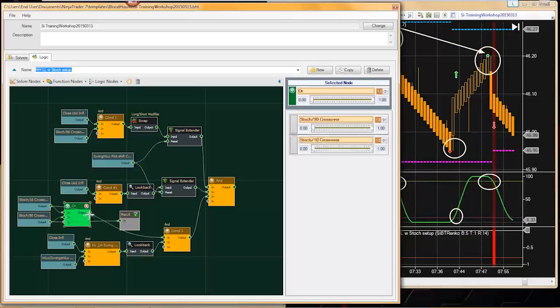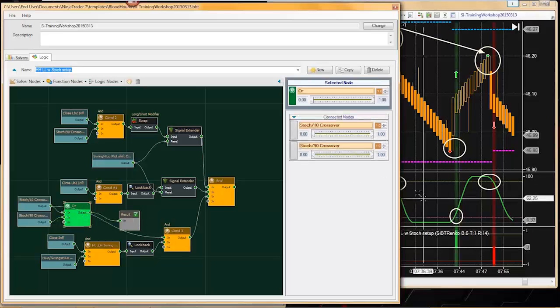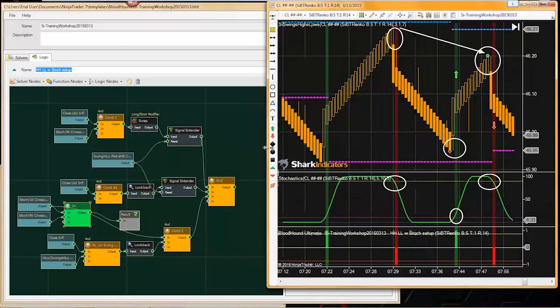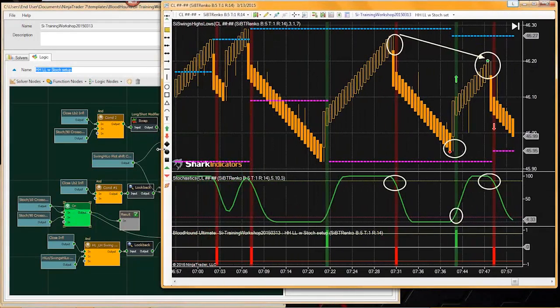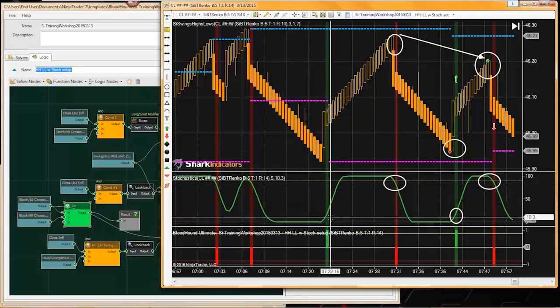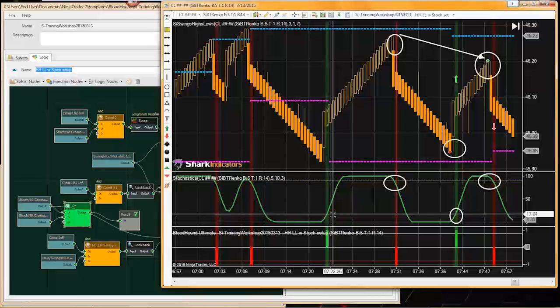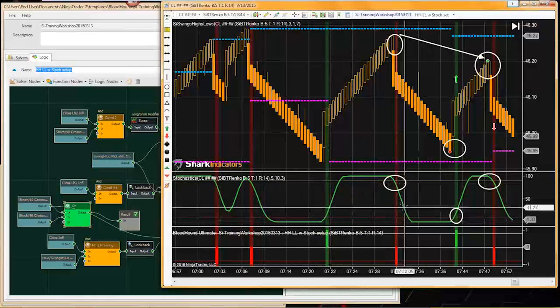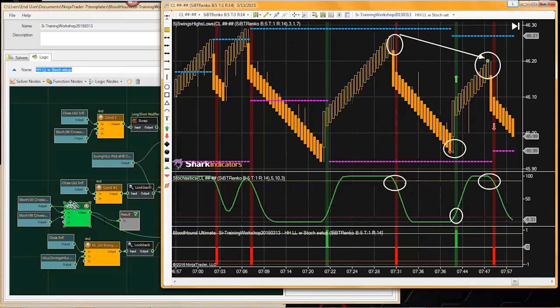So both of those crossovers are plugged into an OR node. So now let's take a look at that output, right? So now we're seeing the crossovers that we're interested in. We're only interested in these particular crossovers.